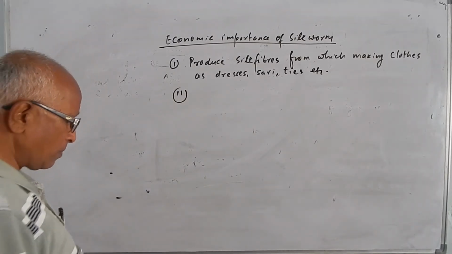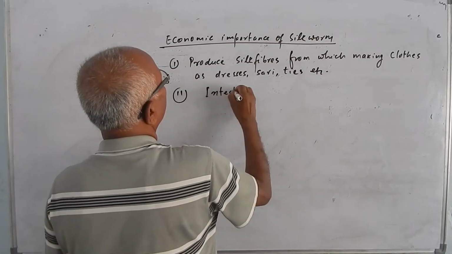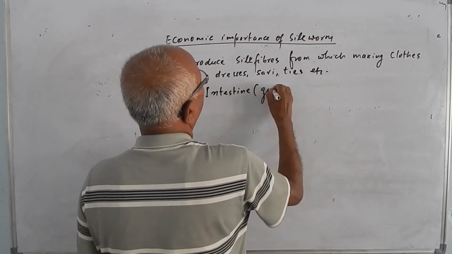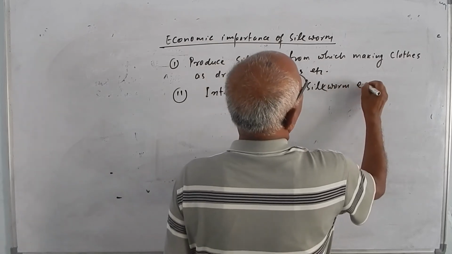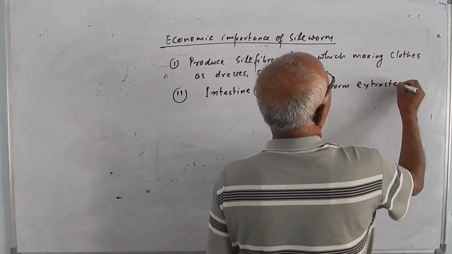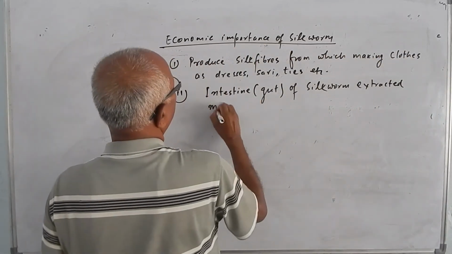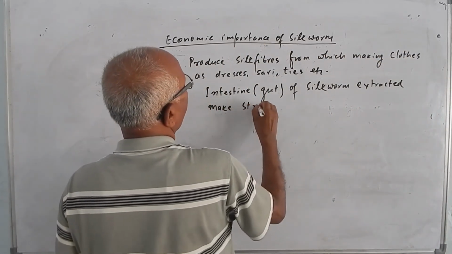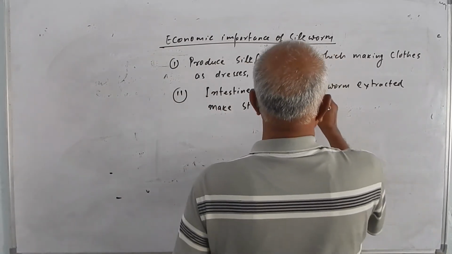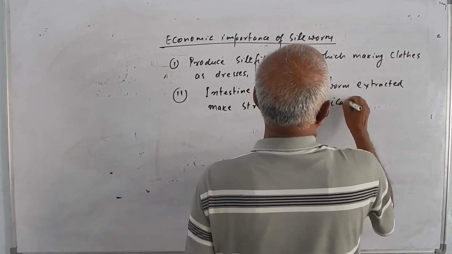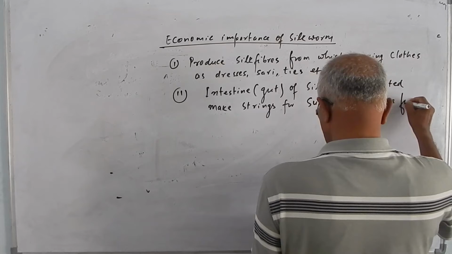Second, economic importance is the intestine or gut of silkworm extracted to make strings for surgical purpose and fishing.